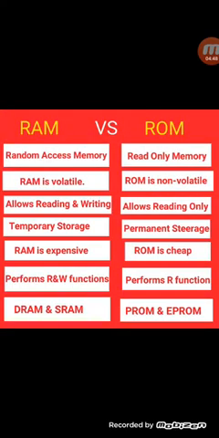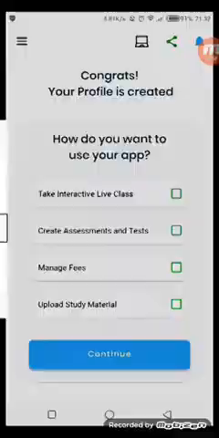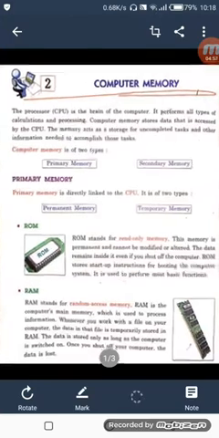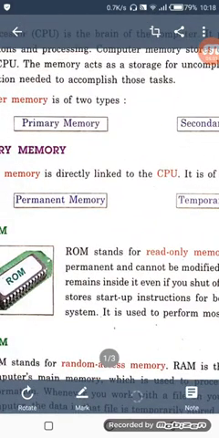First of all, let me show you a picture of how it looks. See, this is ROM. What is the full form of ROM? Read only memory. We can only read in this kind of memory. We cannot write or change it.